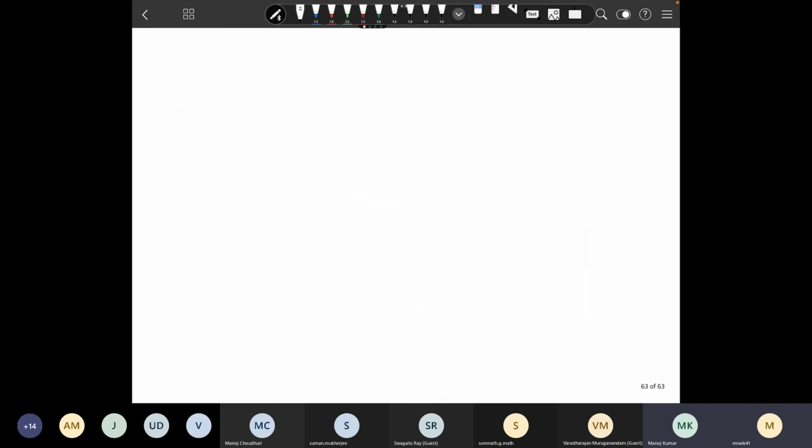Now let us understand the meaning of this. Exponential of th belongs to G. You want to show this, right? What does it mean?